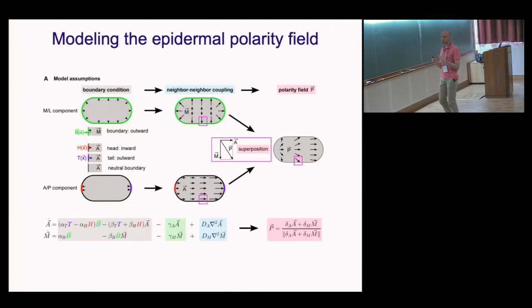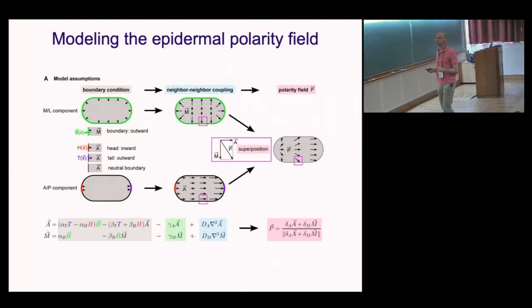Now, putting all of this together, we decided to formulate a mathematical model, this time together with our collaborators at the TU Dresden. And basically this model is essentially based on the biological observations that I've shown you so far.